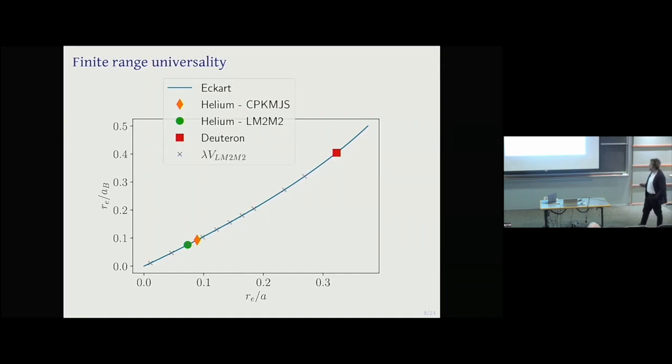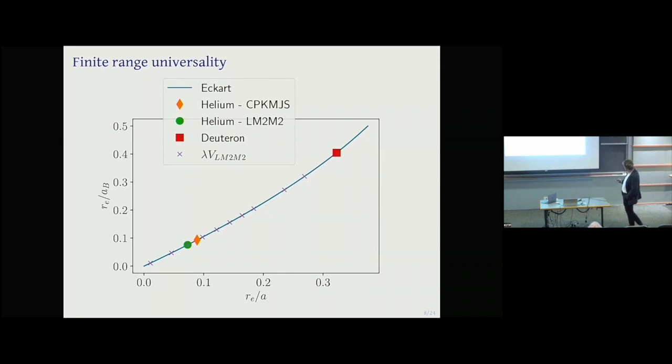You can play the game to take the potential, in this case I have LM2M2, and to change its strength. This lambda is just a number to multiply the potential, and you always move around along this curve. So this corresponds to lambda equal 1, but you see you could in principle tune this potential to reproduce also this datum.